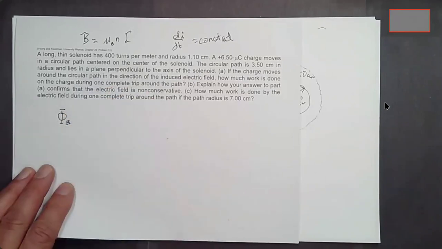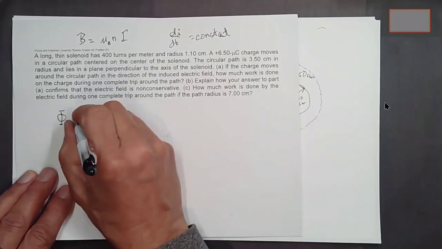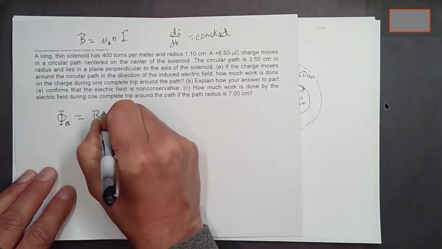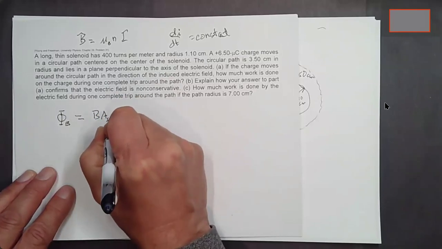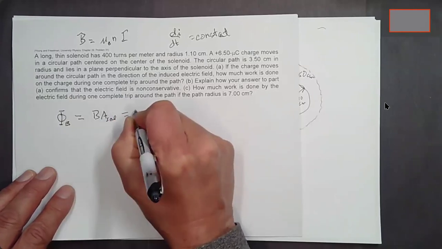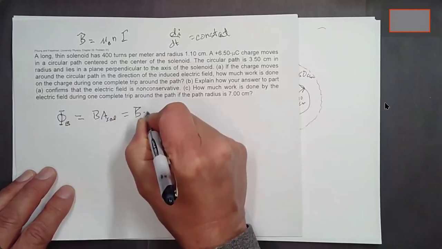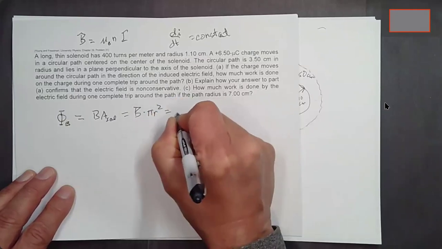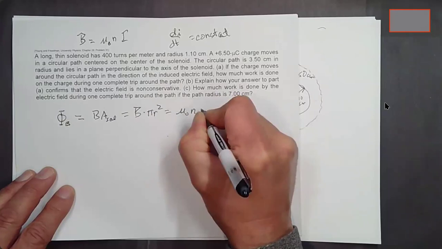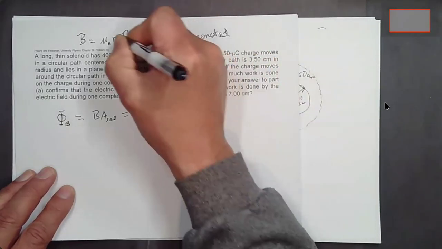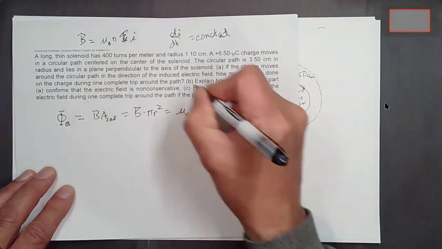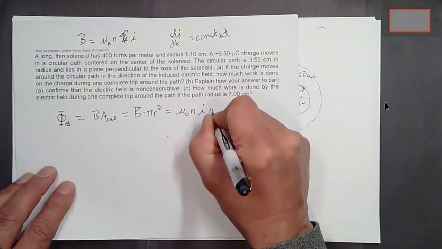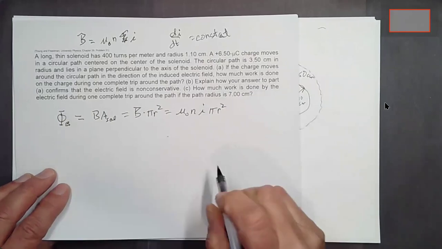And you might have to read back to the previous chapter, but the flux will equal B times the area of the solenoid, which is just B times pi r squared, which in this case will be mu naught n, and they're using a lowercase i for the current, so mu naught n i times pi r squared.